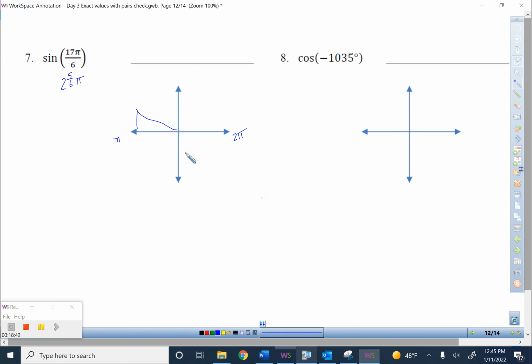So there's my triangle, and I'll redraw it so it's a little bit bigger. And because of this 6 here, I know this is 30 degrees. From there, as we put our numbers on there, 1, 2, square root of 3, and our signs, negative, positive, we end up with our sine, opposite over hypotenuse, being a positive 1/2.